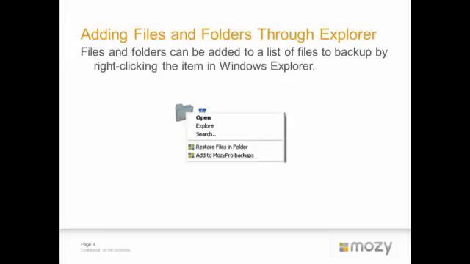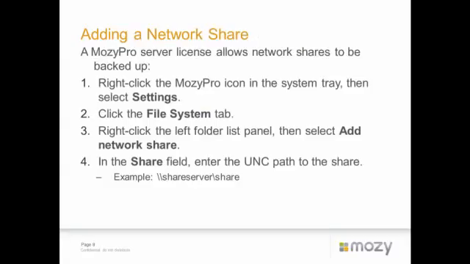You can go to a file or folder and right-click on that folder in the Windows Explorer, and you get a menu like is displayed here where Add to MozyPro Backups is one of the options. So you can simply add a file to be backed up during that next backup. So there you go. There's an additional way to select files.